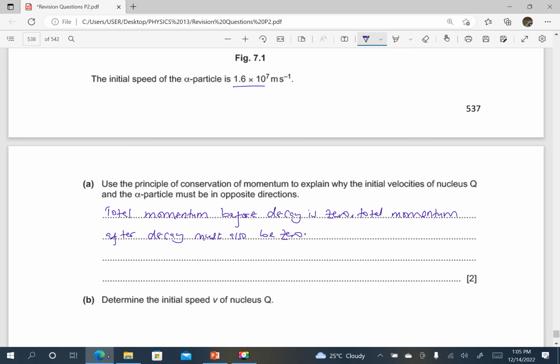So the alpha particle and Q have momenta, momenta is plural, in opposite directions.